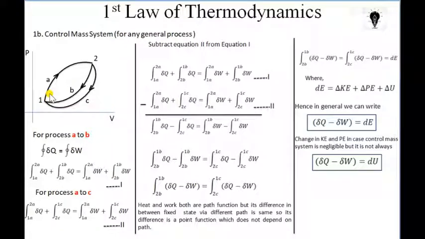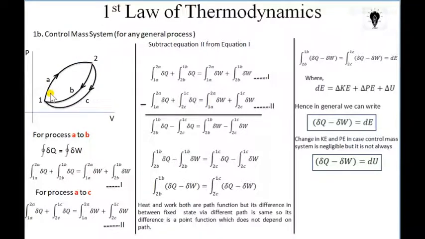Okay, so for any path drawn between these two common states 1 and 2, whatever the heat energy interaction minus work energy interaction, belonging to any number of paths drawn between these two states, will be the same.